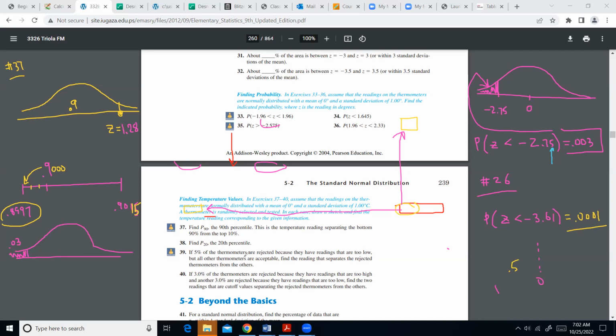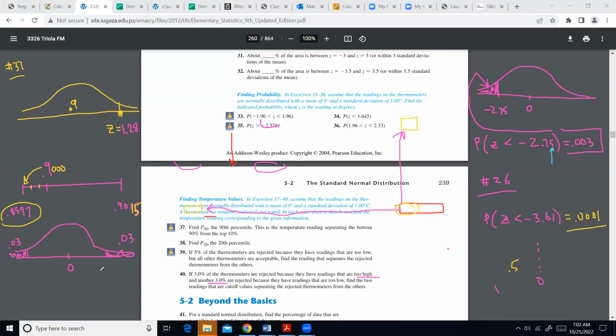3%, that's in terms of hundreds, 0.03. So they say that 3% of thermometers are rejected because some of them are too high, and another 3% rejected because some of the readings are too low. So it looks like too high will be here on the right side, and too low will be on the left side.